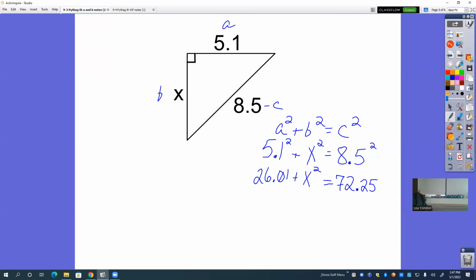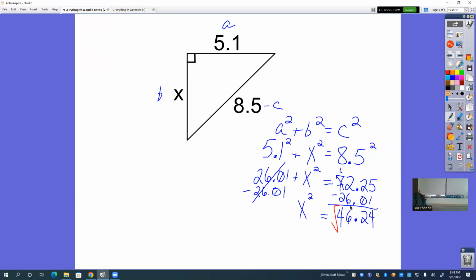Okay, so again, we need to isolate the variable, so subtract 26.01 from both sides. That equals 46.24, which equals x squared.